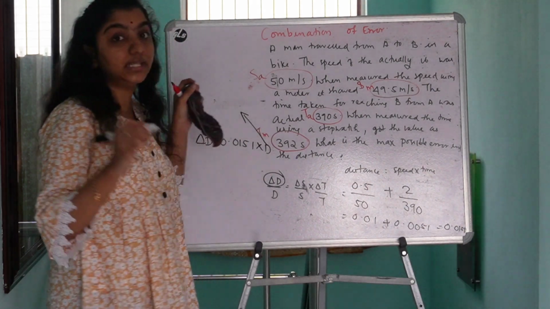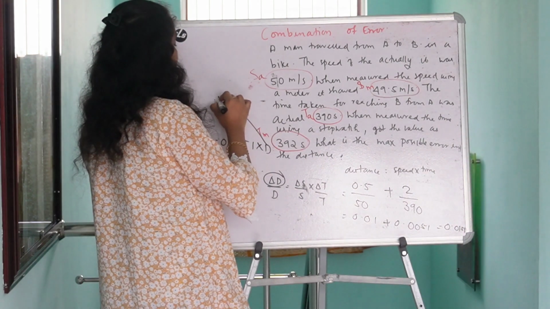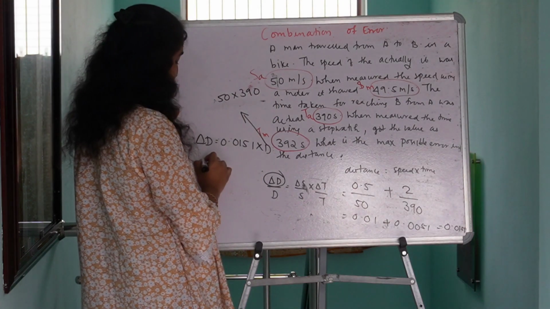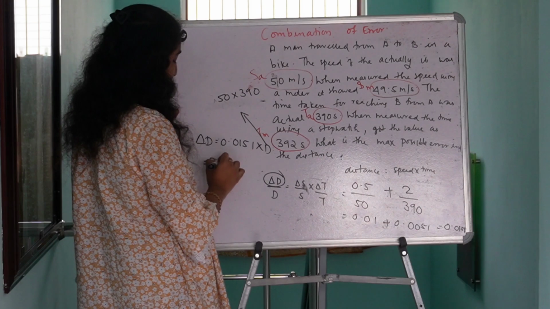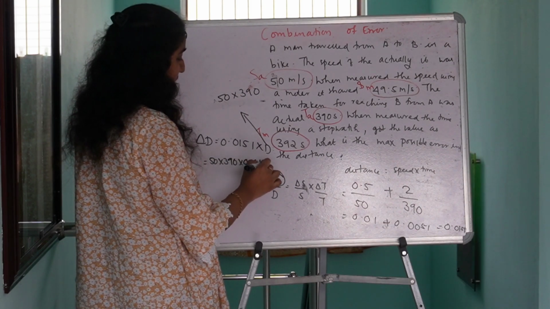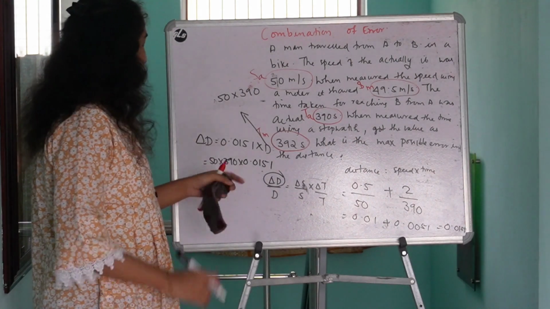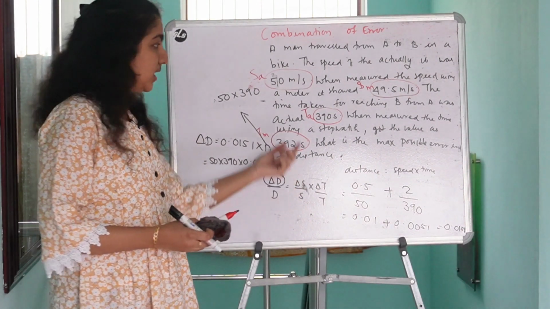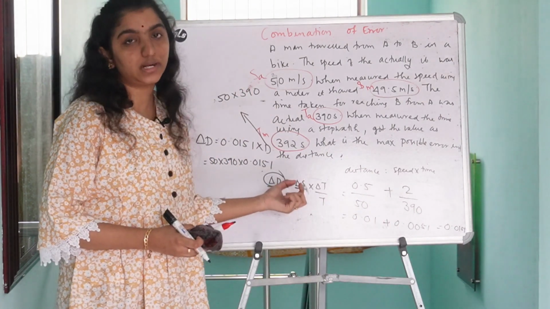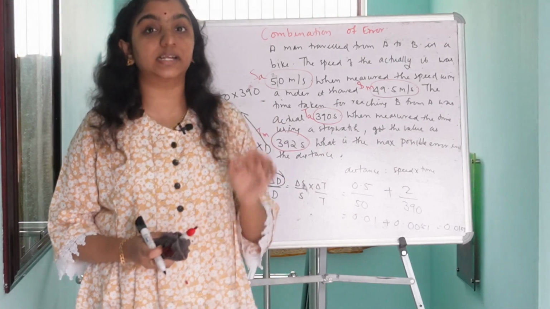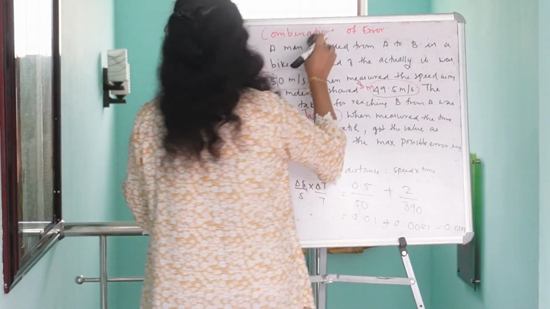D is the actual distance, so the actual distance is equal to 50 into 390. So del D is equal to 50 into 390 into 0.0151. Once you find the product of these values, you will get the maximum possible error in the resultant distance. Is it clear, guys? Yes.